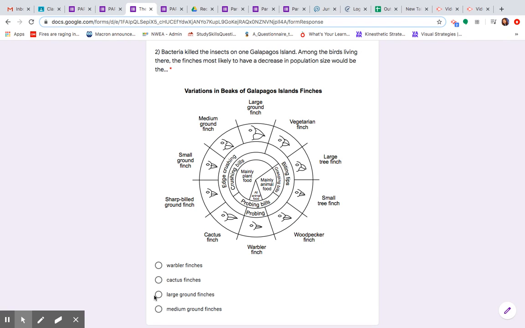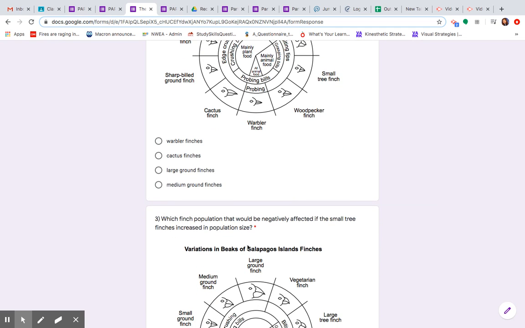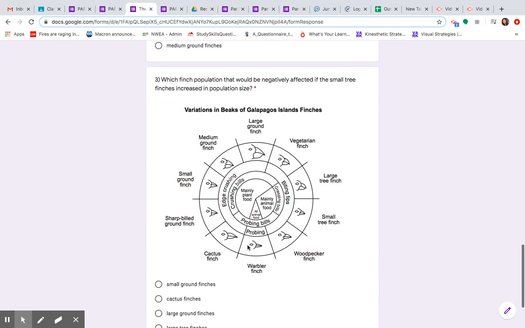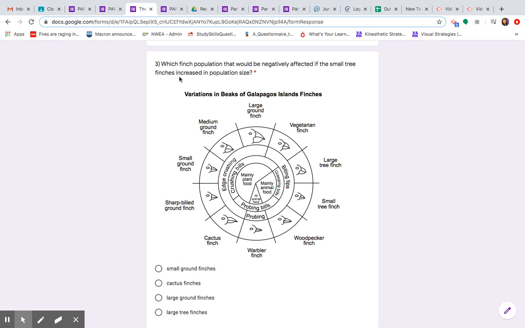And now we're moving on to our last question. All right, we have question 3. Which finch population would be negatively affected if the small tree finches increased in population size? So, which finch species would be the most negatively affected if there were too many small tree finches?